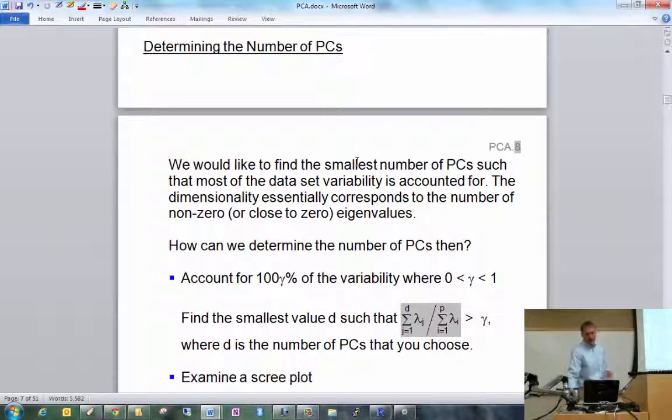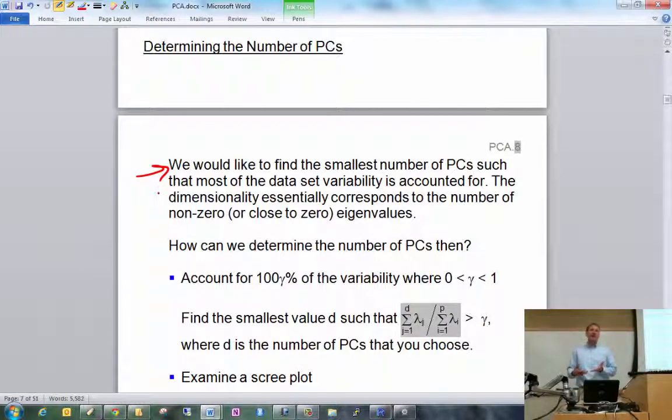So let's talk about determining the number of principal components. Essentially, this is what I just did. Again, the goal is to find the smallest number of these new variables, these principal components, such that most of the data set variability is accounted for. The only way that you can get 100% is if you choose p principal components, if your original data set has p variables. So you're hoping to have a high percentage.